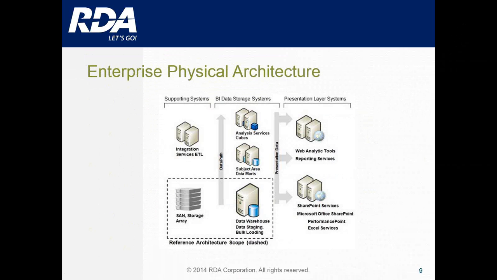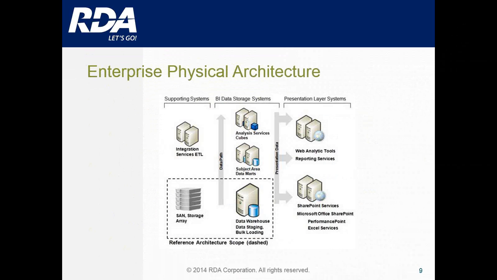If one were to look at the physical architecture and how it gets distributed, you might have SAN storage, where you're actually storing quite a bit of the information. They have the actual data warehouse, the data staging, and the bulk loading piece, which is a SQL Server. You might have additional SQL servers for different data marts that you may need to create, or the cubes that you may need to create. You would have ETL services running, maybe using SSIS that need to be used for loading the data.